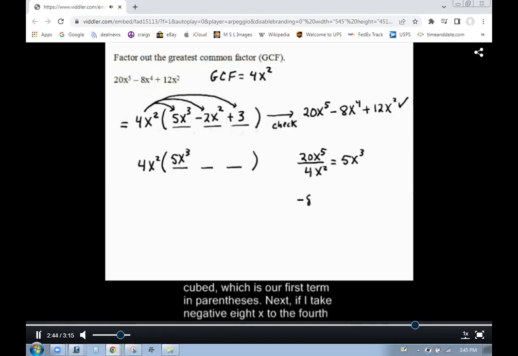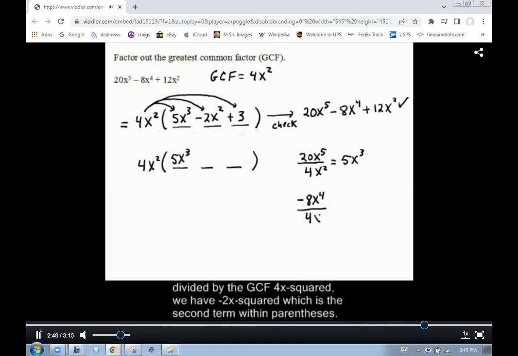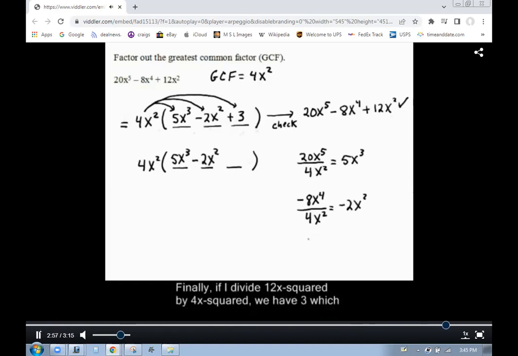Next, if I take negative 8x to the fourth divided by the GCF, 4x squared, we have negative 2x squared, which is the second term within parentheses. Finally, if I divide 12x squared by 4x squared, we have 3, which is the third term in parentheses.